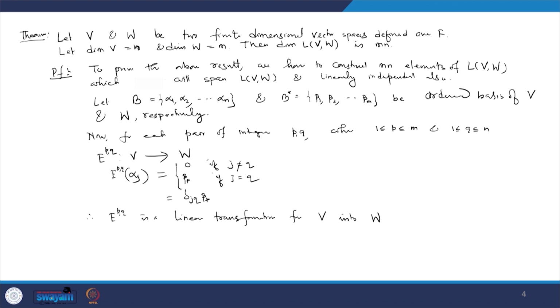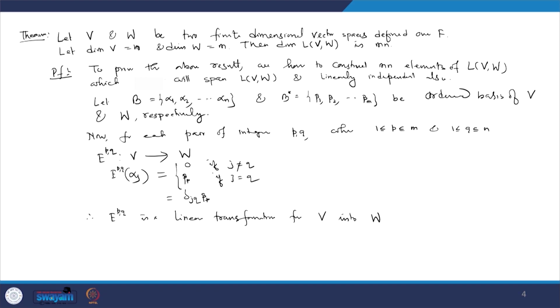The reason is we have already seen the existence of a linear transformation from a vector space V to W for a given ordered basis. If you consider the same number of elements in the corresponding W space, then there exists a unique linear transformation which will map alpha j to the corresponding element.